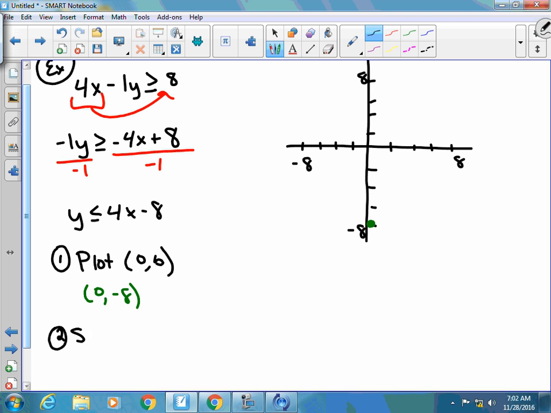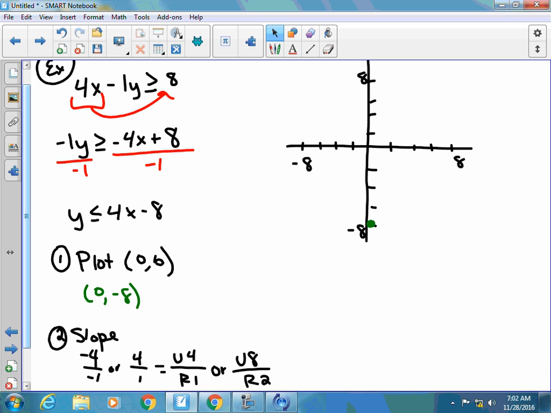Step 2 is our slope, which is negative 4 over negative 1. 4 over 1, yes, I know. Up 4, right 1. Or, because I'm going by 2's, I'm going to make it so both of those are going by 2's. Or up 8, right 2.